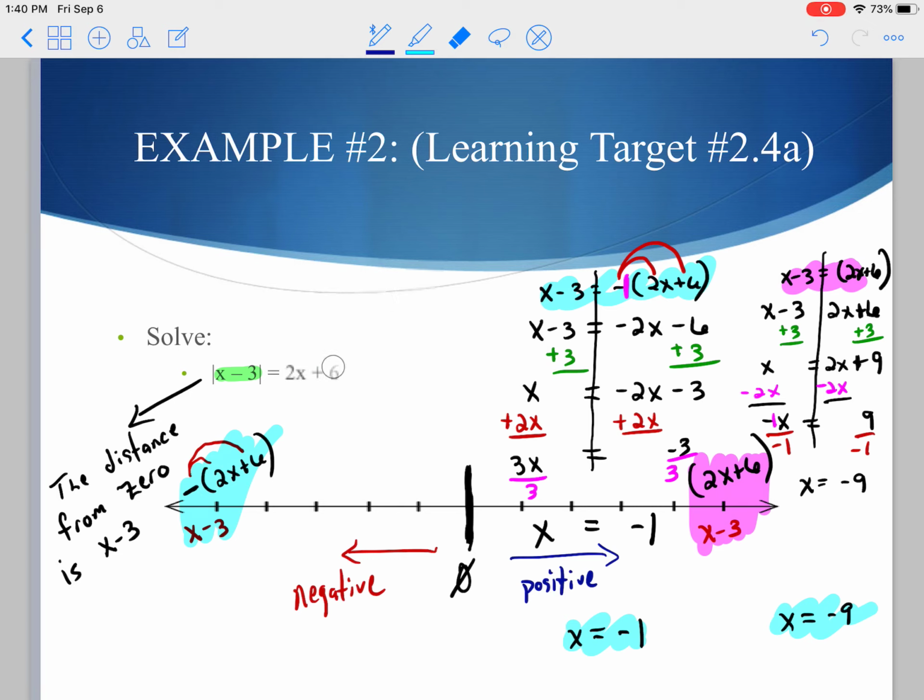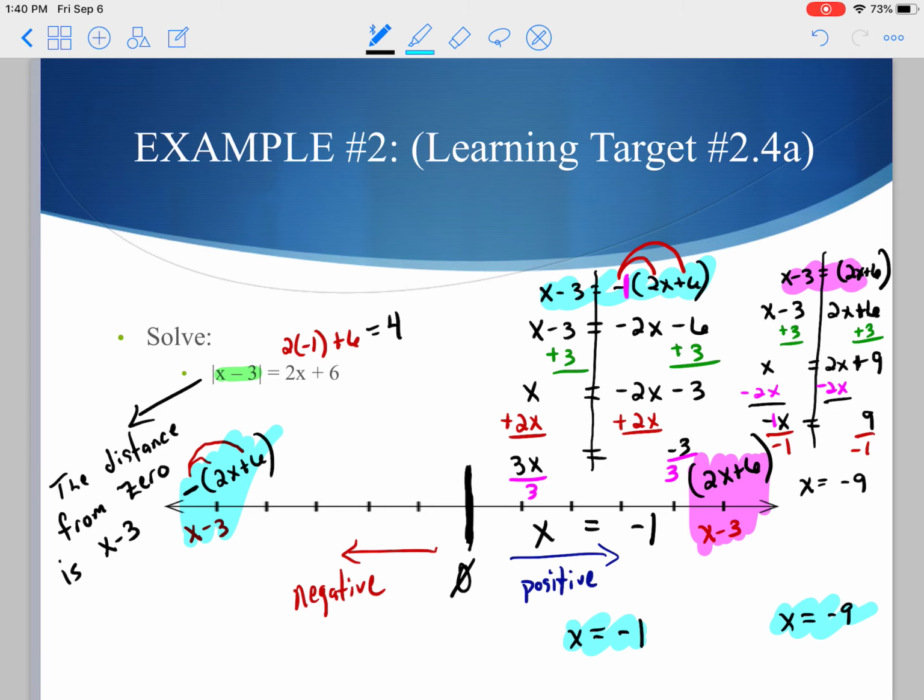So let's begin with x equals negative 1. If I were to substitute in negative 1 for x, so I have 2 times a negative 1 plus 6, my answer would be a positive 4.